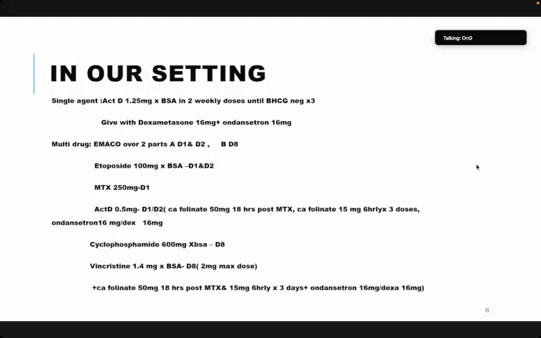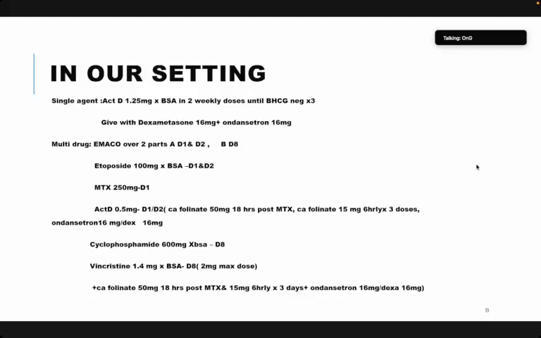So this is what we use in our setting. For the low risk type, we give actinomycin D weekly for 2 weeks until beta HCG is negative for 3 weeks. You give it with dexamethasone and ondansetron for the side effects. And then for the high risk group is the EMA-CO over 2 parts, day 1 and day 2, and then the CO part of it on day 8.